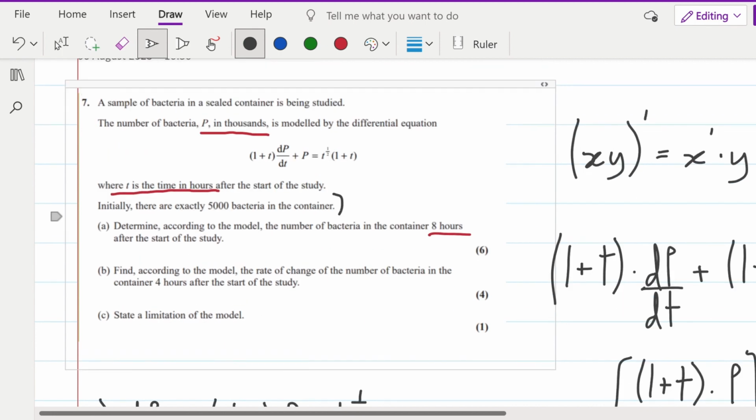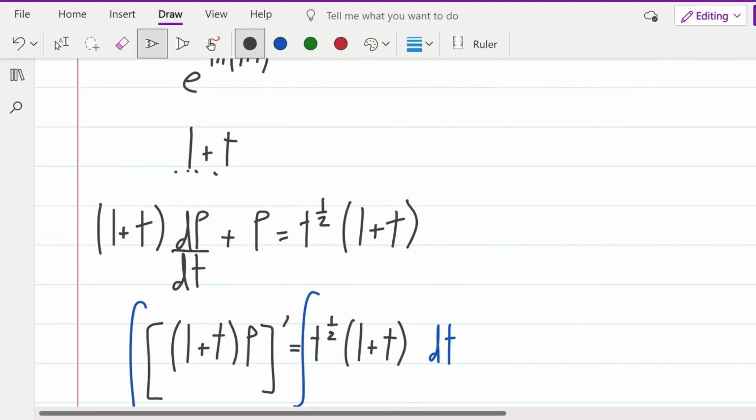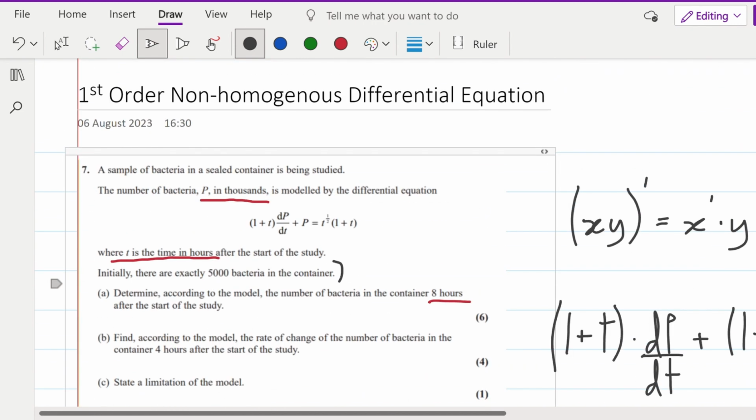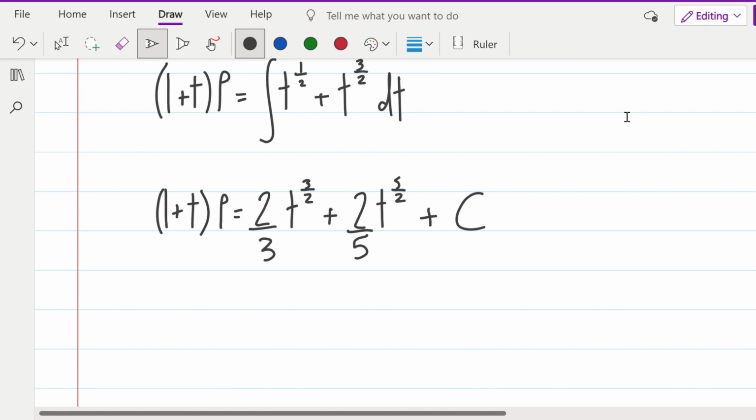So what does that mean? And this I would also recommend being very careful about, because p is not the number of bacteria, it's the number of thousands of bacteria. So actually, what we should write is that when t equals 0, p is equal to 5, not 5,000. This will throw a lot of people off, so just be very, very careful.